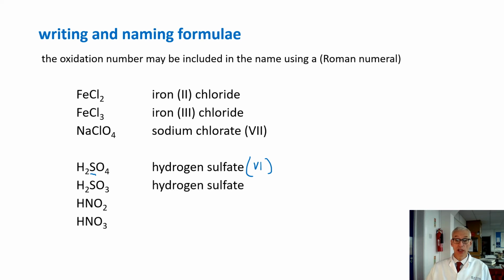H2SO3 is also hydrogen sulfate, but we distinguish it from H2SO4 because the oxidation number of sulfur is 4. So that's hydrogen sulfate 4 using Roman numerals. So if that isn't quite clear to you, that's IV is 4, VI is 6.